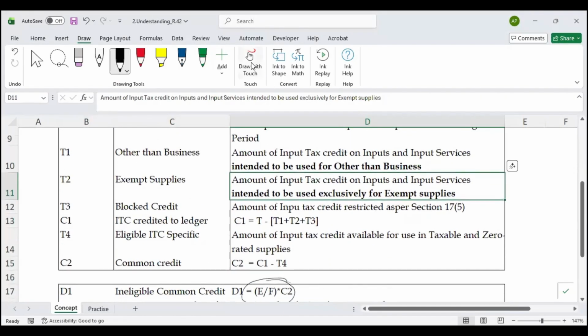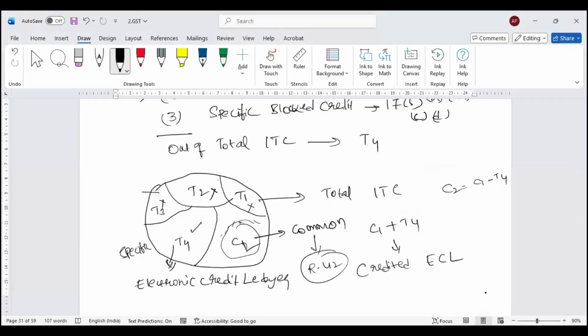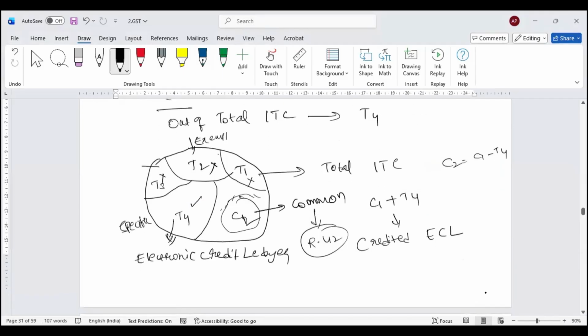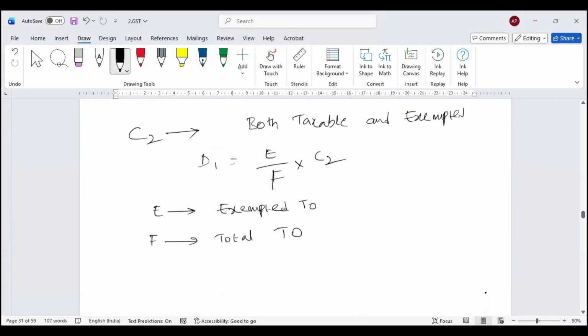Yes. So this T2 is what they're trying to identify. Whatever exempt portion is there, out of the total population, they are trying to identify. This is the mathematical formula they are trying to give.